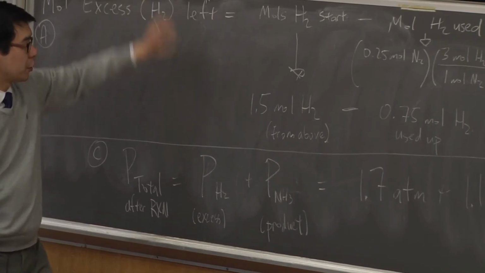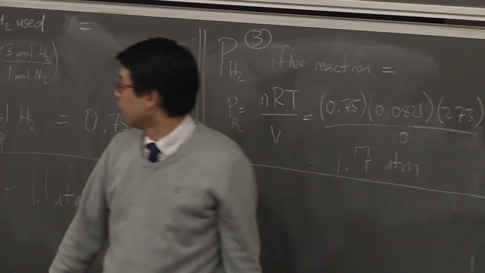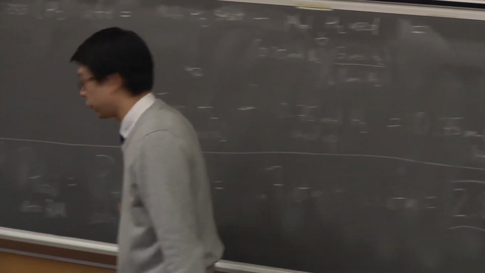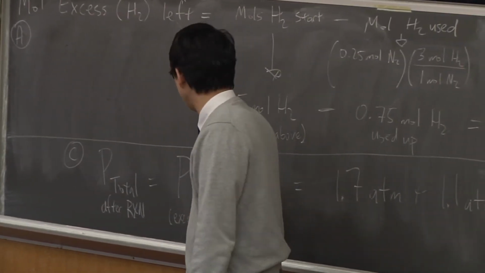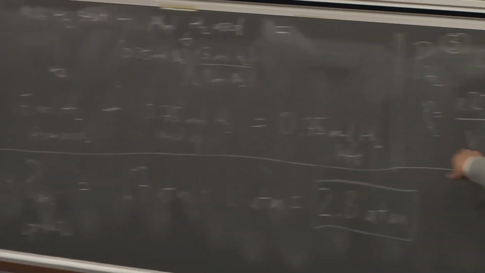The partial pressure of the product we got, that's the 1.1 atm. So what we need to do is find the partial pressure of the excess. How do we find it? Well, we use PV equals nRT on the moles of excess.